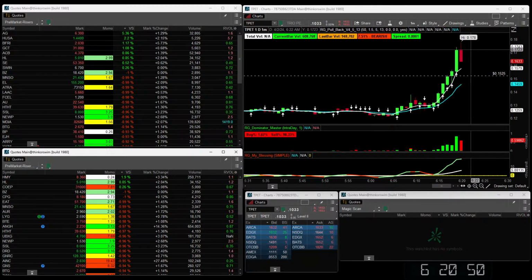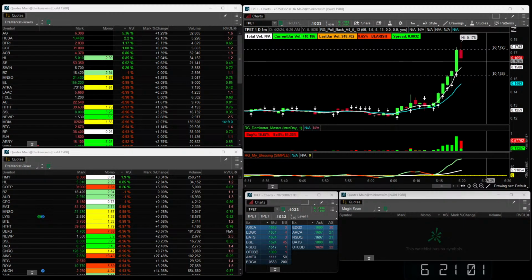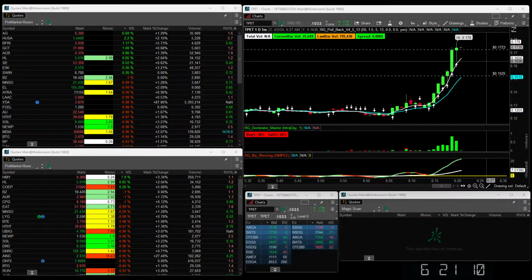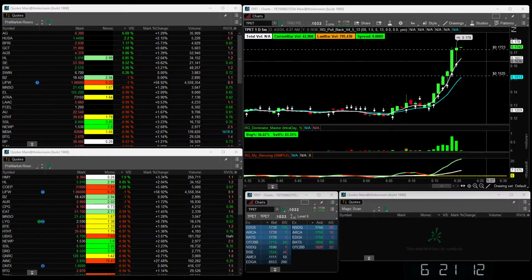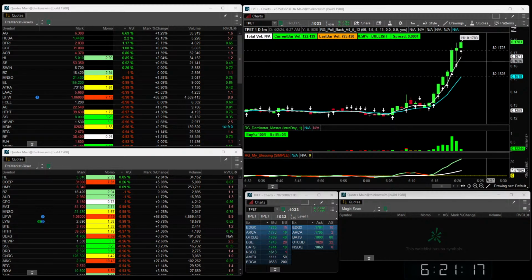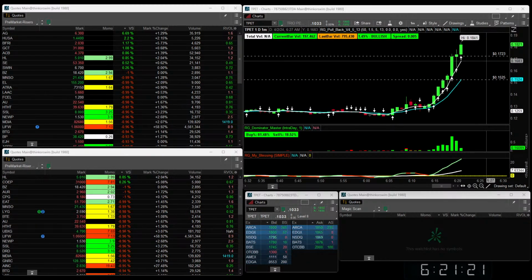Don't know if it'll work out or not on this cheaper range. We'll see. Need this red candle to close, or get a long wick on the bottom. Looks like we got the long wick on the bottom. Going to probably push it up a little higher. New high.